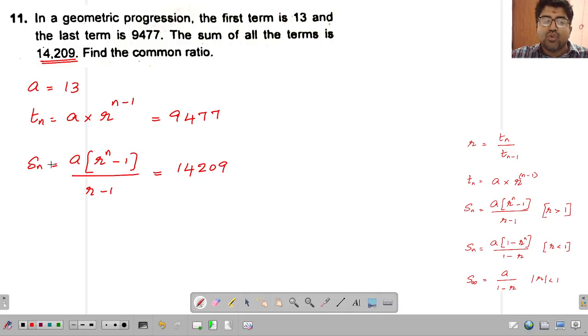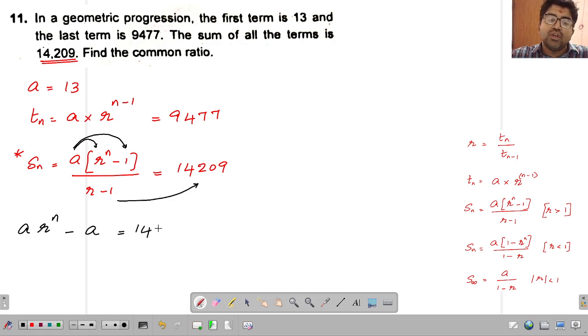Now I want you to observe this Sn equation. I'm just taking this a inside. So I can say now a into r power n minus a is equal to, let me take that r minus 1 to the right hand side, it will become part of the numerator.